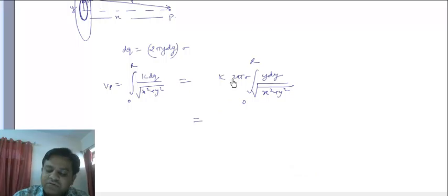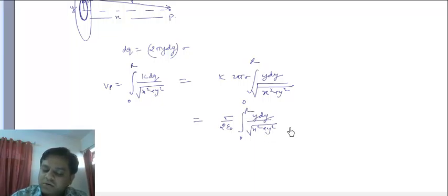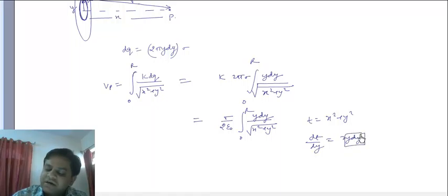If I put the value of k, which is 1 by 4 pi epsilon naught, then what I get is sigma by 2 epsilon naught and integration of y dy by root of x square plus y square, 0 to r. Now to integrate this, I put x square plus y square equal to t, dt by dy is equal to 2y. So the value of y dy can be placed here.